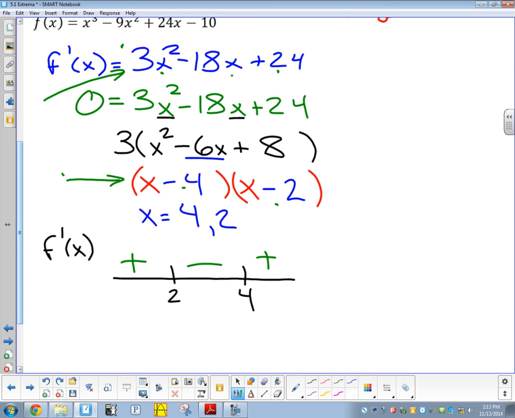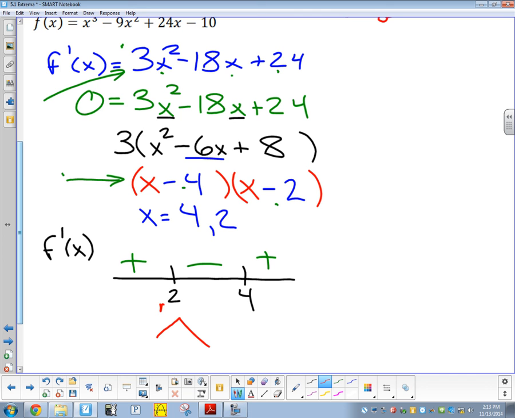Make sense? Let's visualize what this means. Right here it says we have a positive slope. We stop for a second, and then we have negative slope. What does that look like when you go from a positive slope to a negative slope? What's happening at 2?